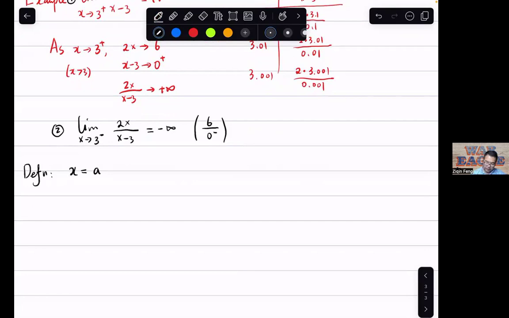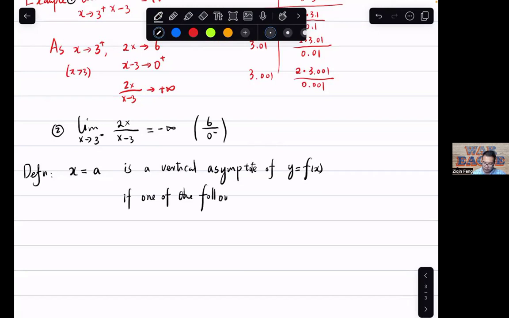The line x equal to a is a vertical asymptote of y equal to f of x, that's our function, if one of the following holds. As long as the curve is getting closer and closer to the line, this is called an asymptote, a vertical asymptote.